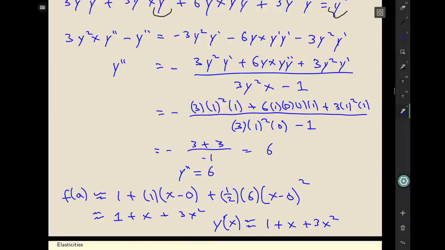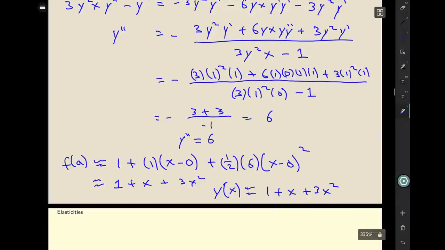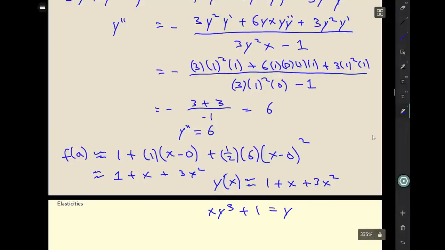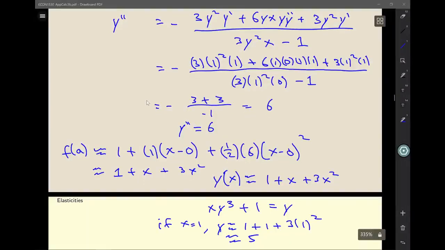So if you give me an x, I can give you an approximation for y when we have this very ugly function, which was, what was it, x y cubed plus 1 was equal to y. So if x is equal to 1, then y is approximately equal to 1 plus 1 plus 3 times 1 squared, approximately equal to 5.